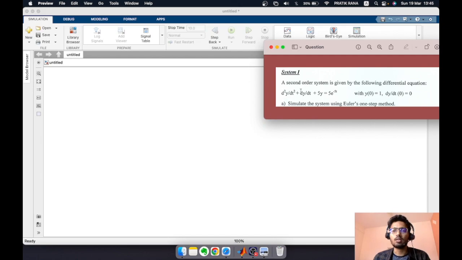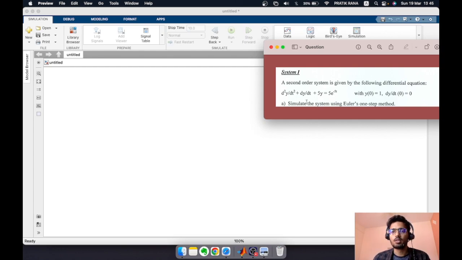So if we want to make a model for simulation, the best way to implement this differential equation is to keep the highest order term on one side and all the other terms on the other side. So we'll keep d2y by dt square on the left hand side and shift all other terms to the right hand side.